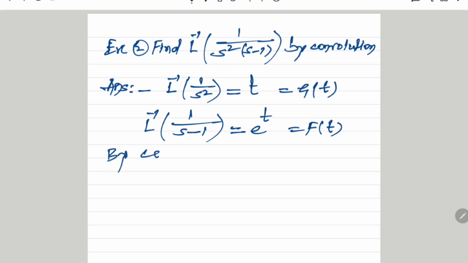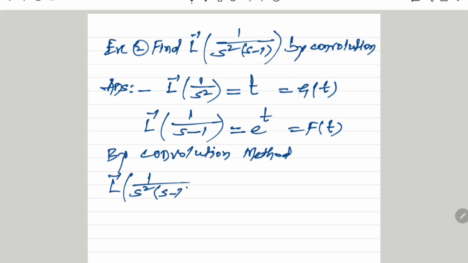And therefore, by convolution theorem or method, inverse Laplace of 1 by s square multiplied by s minus 1 is integral from 0 to t, the formula is f of u multiplied by g of t minus u, and then its integration with respect to u.